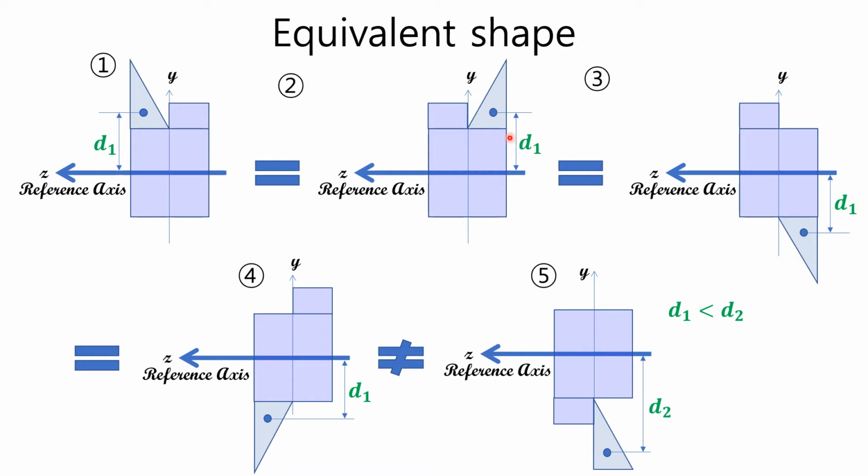The square shapes of 2 are identical, and the triangle is symmetric with the third about the horizontal axis. The fifth is not symmetric with any of the others about any axis because the location of the centroid of the triangle is different from the other 4 shapes. Therefore, the fifth has a different second moment of area from those of the other 4.